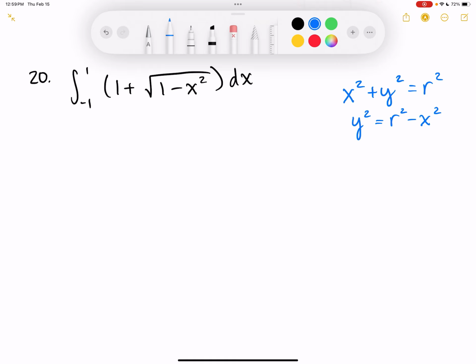So, if I were to take the square root, assuming r is 1, don't these kind of look the same? Yes. At first when you said that, I was like, there ain't no way she saw that. Okay, so I see a semicircle.